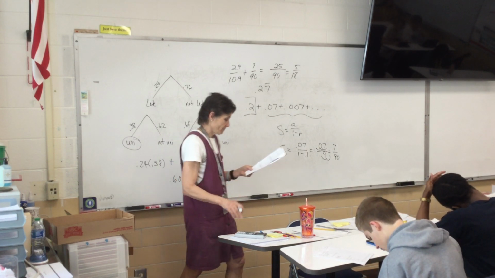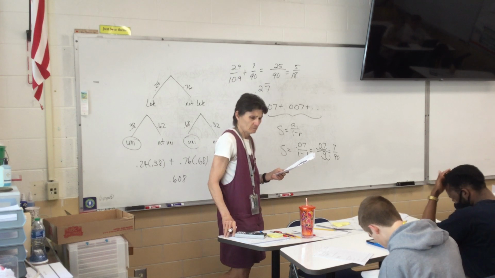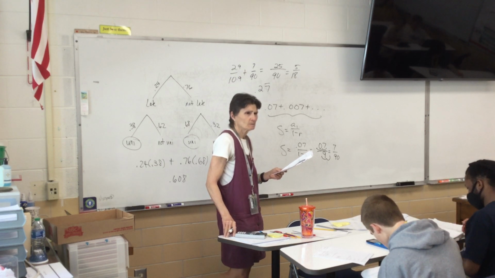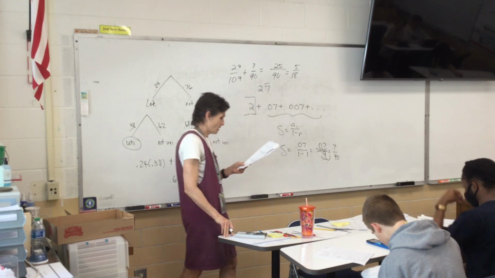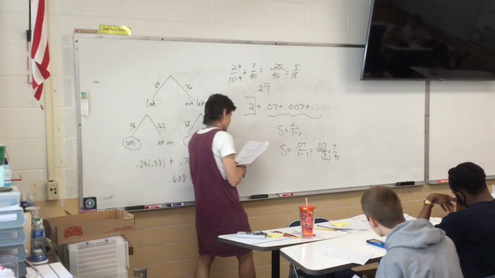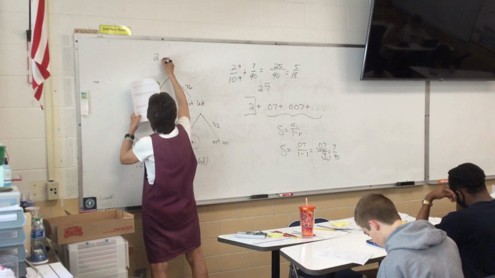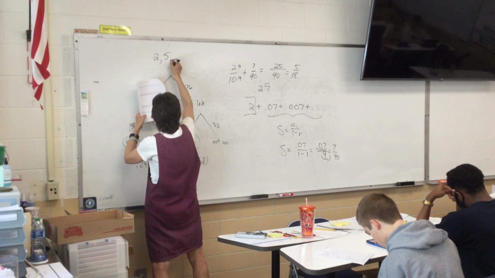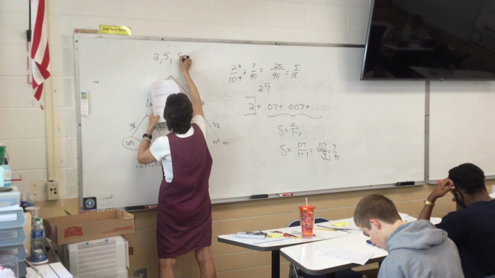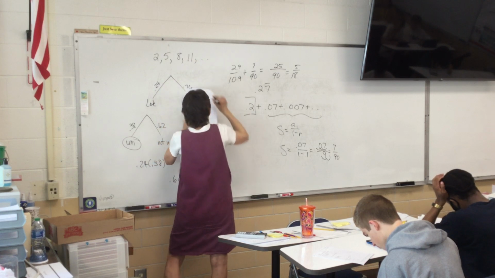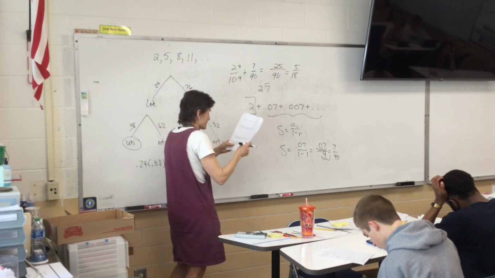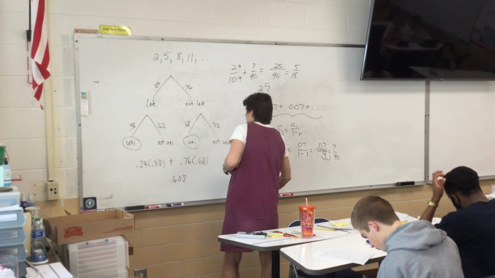Number 24. Did we already do 24? The other day, I can't remember. So Eli caught 2 baseballs on the first day of the season, 5 on the second day. So 2, 5, 8, 11. Okay, so these are the number of baseballs that he has caught.